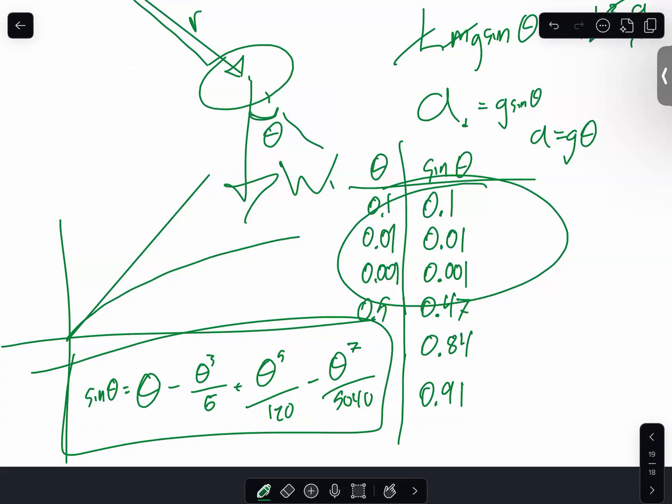For instance, tell me what theta minus theta cubed over 6 is when theta equals 0.5. I bet dollars to donuts it'll line up with 0.47 closer. What is that? 0.5 minus 0.5 cubed over 6. 0.48. Try plugging in plus theta to the fifth over 120, if my memory serves.